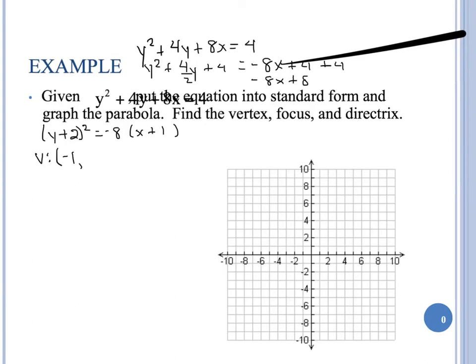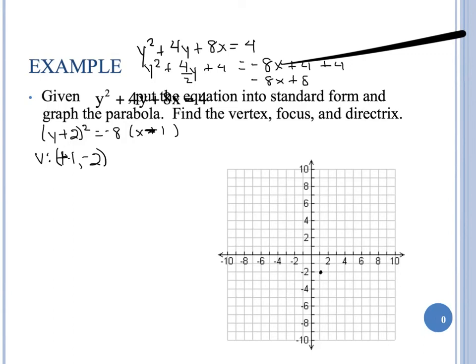So that is a big fat minus sign, which means I have a positive 1 and a negative 2. That's where my vertex is. All right, let's see if I can graph that properly. Over 1, down 2, there's my vertex.